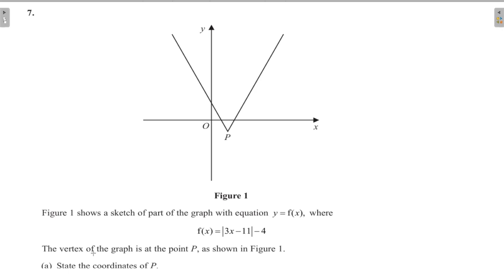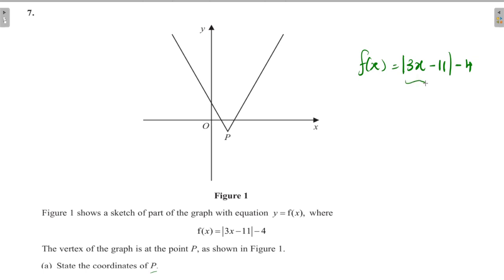Question 7. The equation of the graph is given: f of x is equal to modulus of 3x minus 11, minus 4. Find the coordinates of P. Here P is the point where the two lines intersect. How to find it?